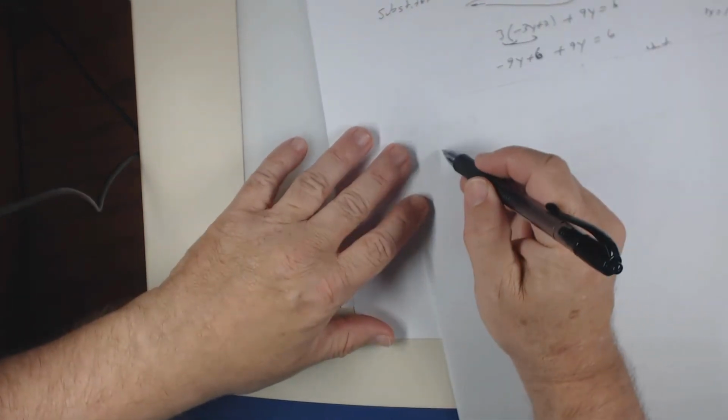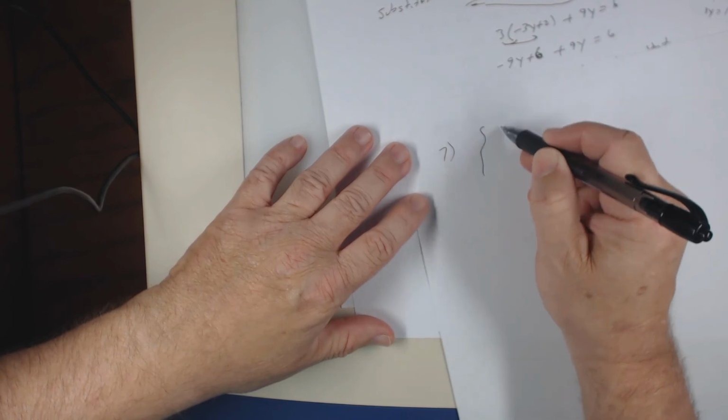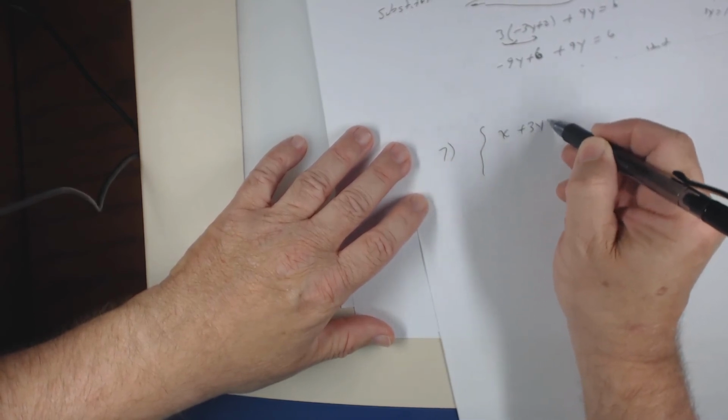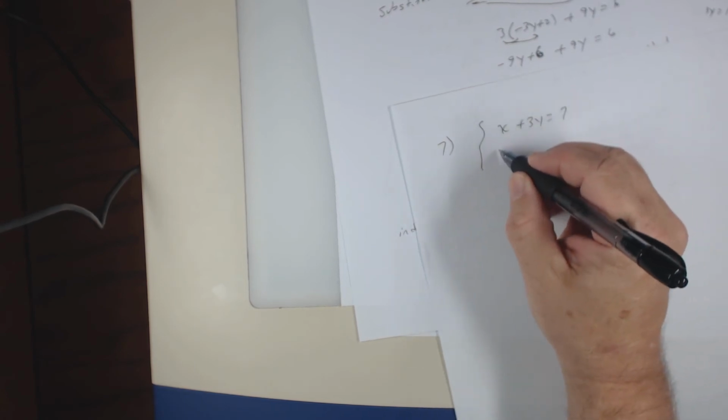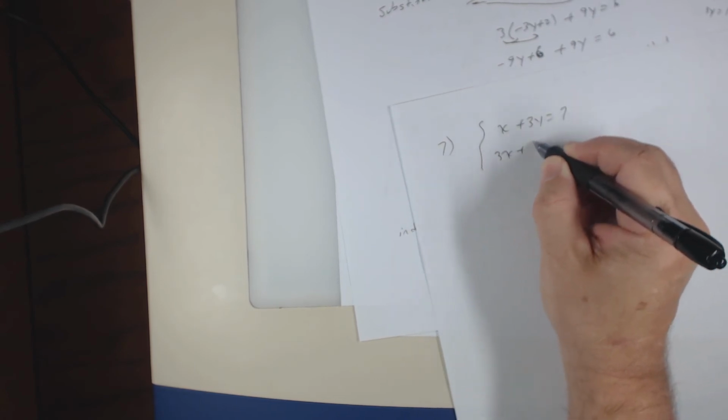Actually, let's rewrite it as this: x plus 3y equal 7, and 3x plus 9y equal 4. So let's do that.